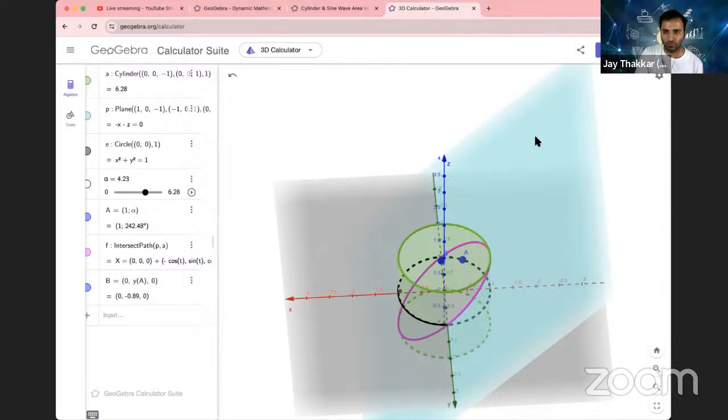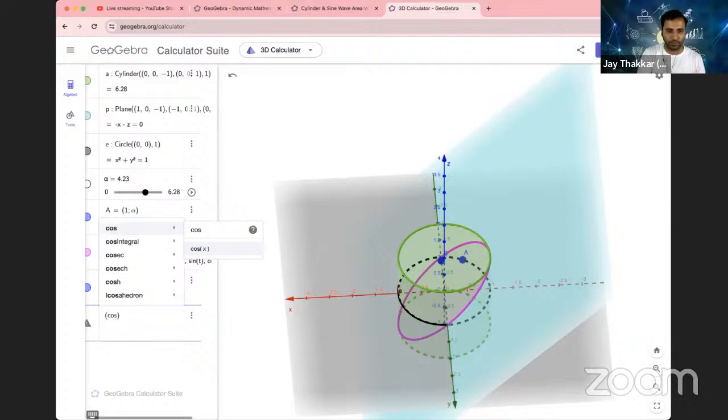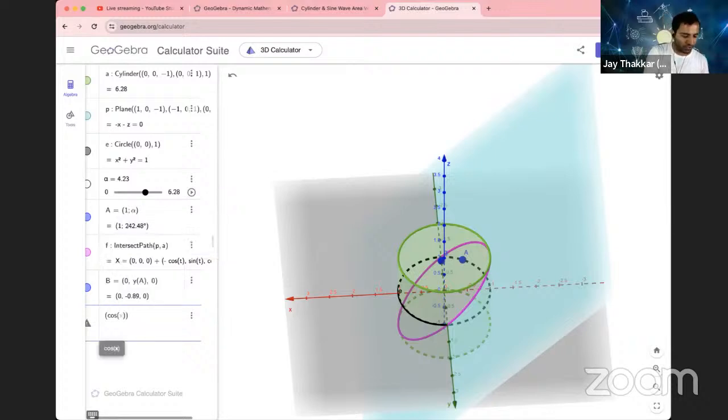Tan alpha, sir. Tan alpha. All right, so let me try to write that. The x parameter is cos alpha, the y is sin alpha. This is for sure, because if you look from the top, it's nothing but a circle.